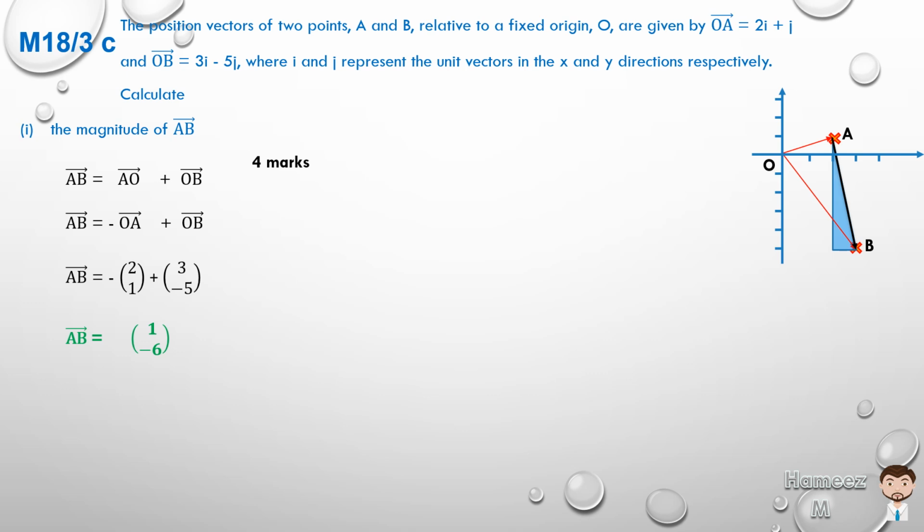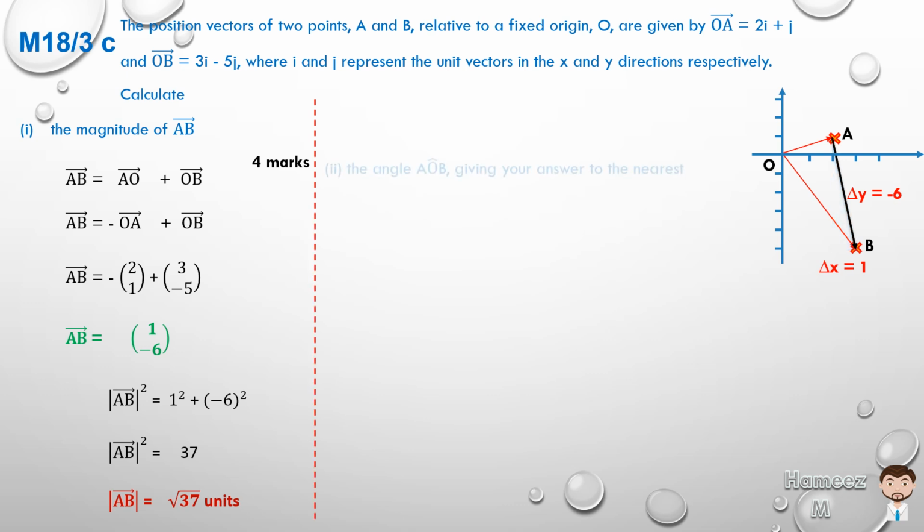We know the change in x to move from A to B is 1, delta x is equal to 1, and change in y is minus 6. So that will give us 1 squared plus minus 6 squared, which works out to be 1 plus 36, which is 37. AB squared is 37. As such, the length of AB, or mod AB, is equal to the square root of 37 units.